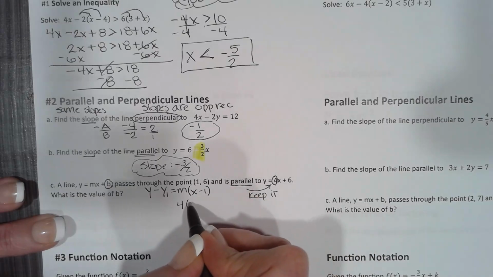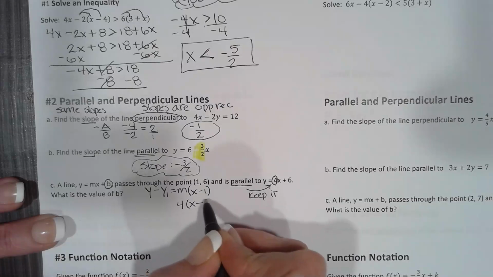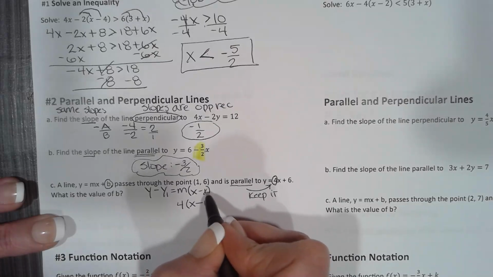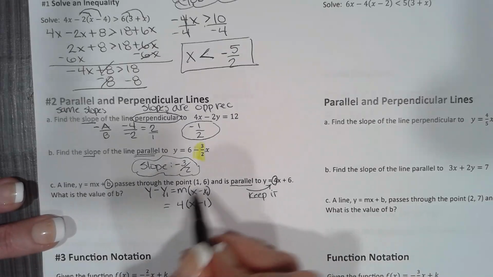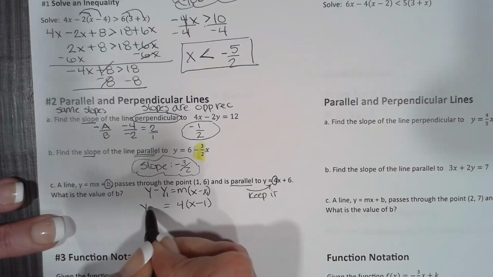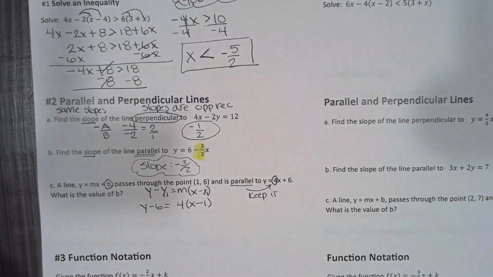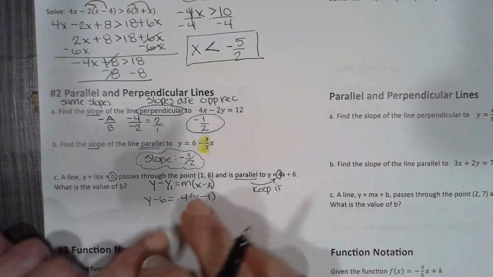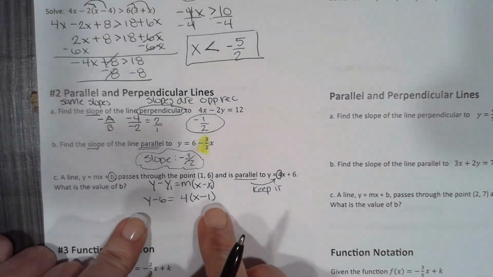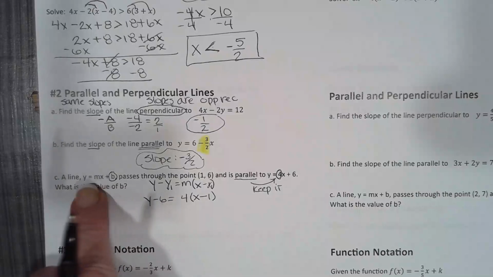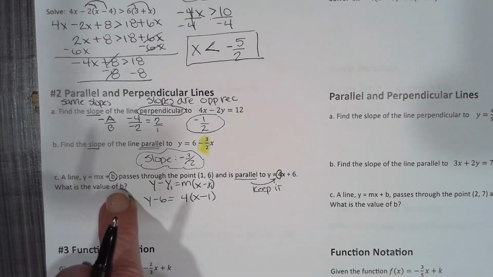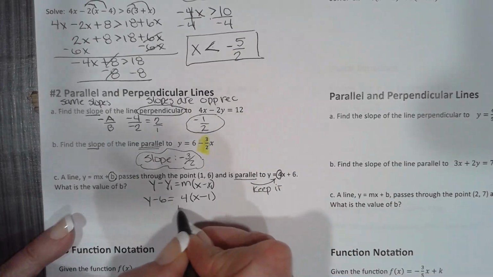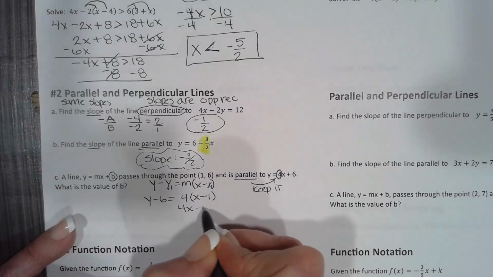That's a positive 1 for x, so it's going to be x minus 1. Actually, I wrote that there. It should be x sub 1 in the formula. For my y, it's a 6, so when I write it here, it'd be y minus 6. Now, the reason I taught you to simplify this is because this problem is telling us to simplify it, and when we do, it wants the value of b. So I'm going to distribute, and when I do, I get 4x minus 4.